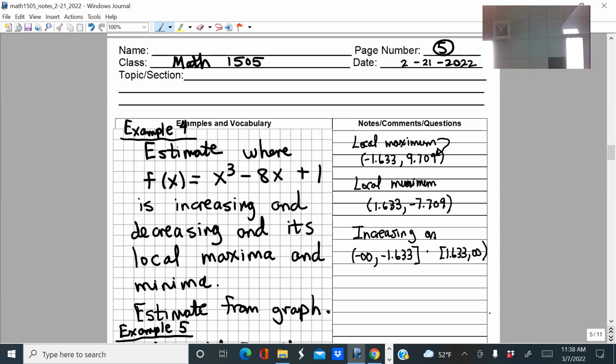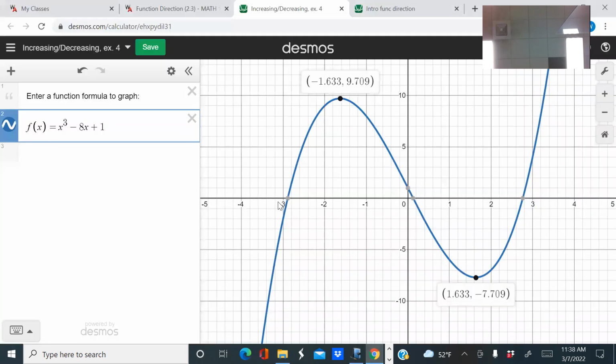Remember, you combine those with the union symbol. So from minus infinity to minus 1.633, this part of the graph, it's increasing, and then again, starting increasing here at 1.633, and apparently that's going to continue to infinity.